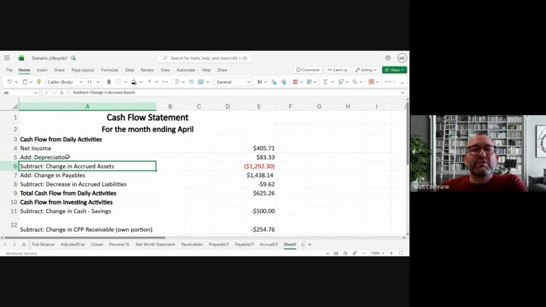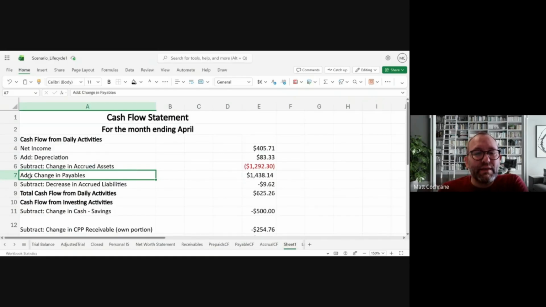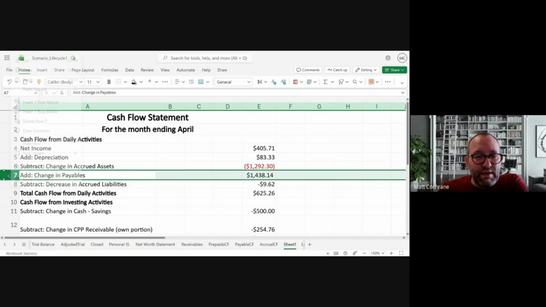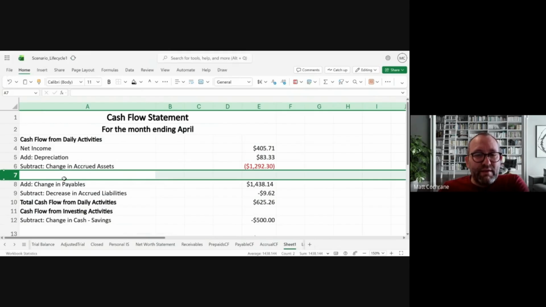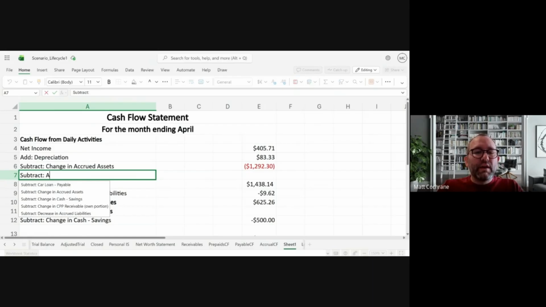Now we move on to our change in payables. Okay, so our change in payables, and you would have a change in prepaids here, so maybe I'll just add that just for completeness. If we want it to be complete, just so that you know I didn't skip over it, we would subtract an increase in prepaids.